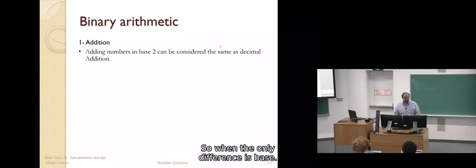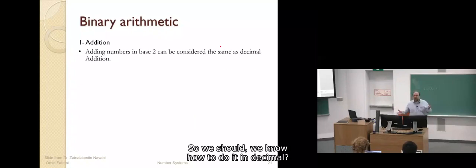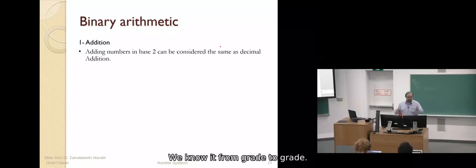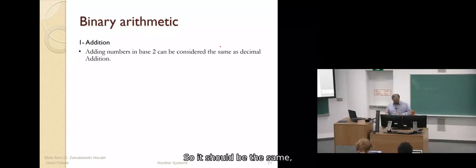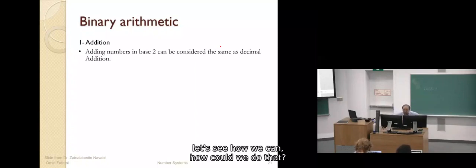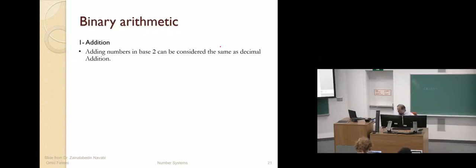We know how to do it in decimal. We know it from grade 2, or grade 1 in elementary school. From grade 2, we know how to add two numbers together. So it should be the same, but the base is different. So let's see how we could do that.